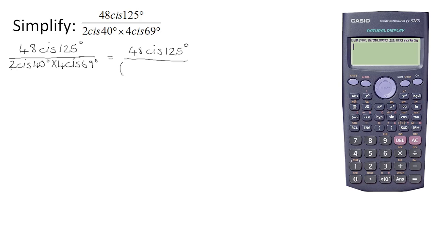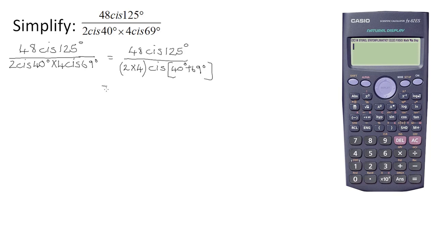Firstly, you multiply your modulus, which is 2 times 4, and you add your arguments, 40 plus 69. That is how you multiply.